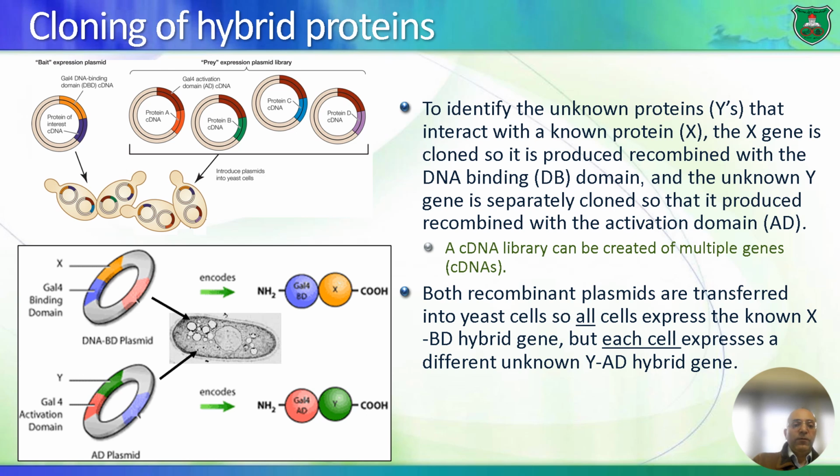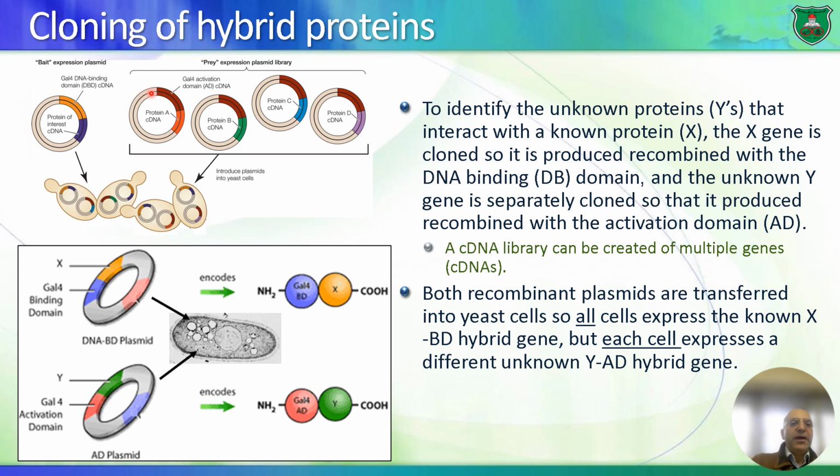So, we create a cDNA library. Remember what it means? It's a collection of plasmids, and each plasmid contains a cDNA representing a specific gene. That's a cDNA library, a collection of different plasmids.